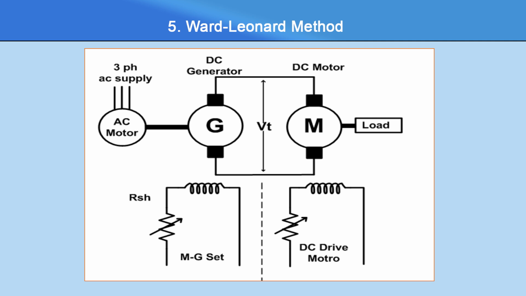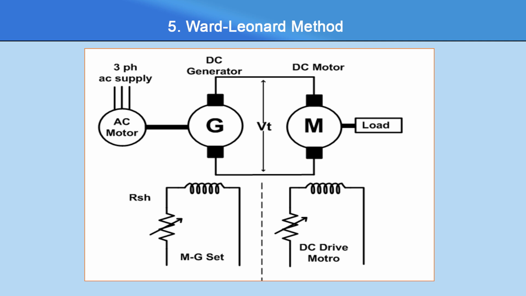This 3-phase AC motor needs electrical input, which is the 3-phase AC supply, and its output is rotation, that is, mechanical energy. Because it has mechanical energy in the rotational part, the AC motor is mechanically coupled with the generator.